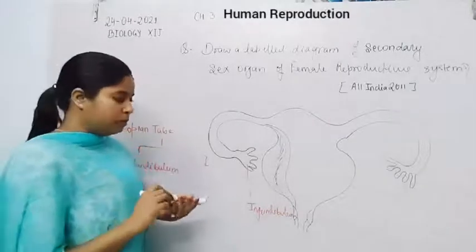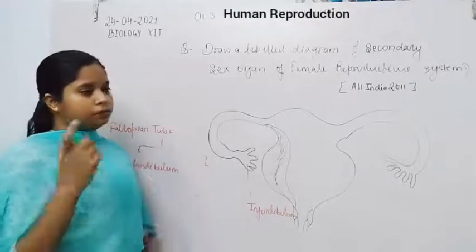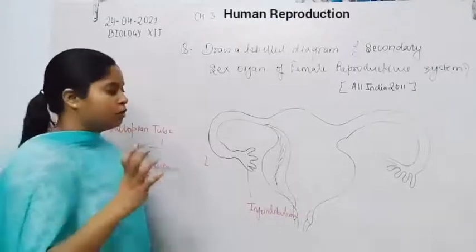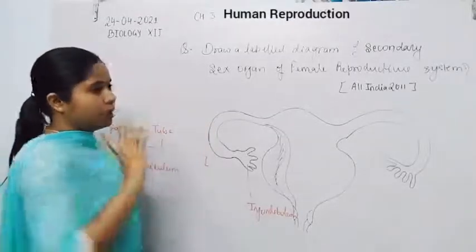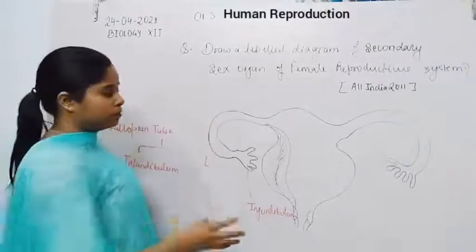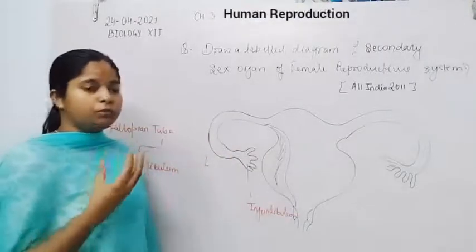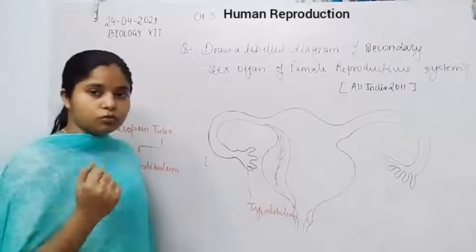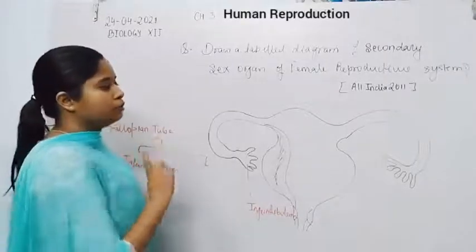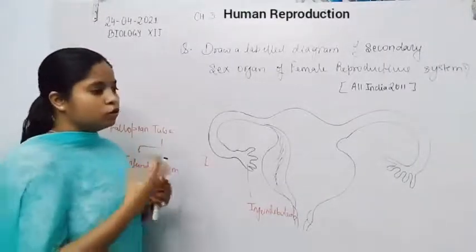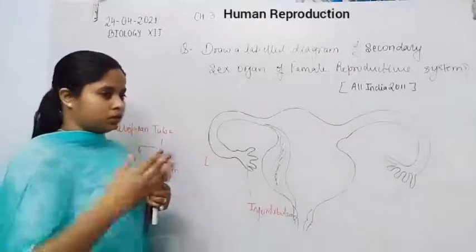Every month the ovary releases one ovum, alternating between the two. For example, the human female reproductive system consists of two ovaries, and each ovary releases an ovum in alternate months.